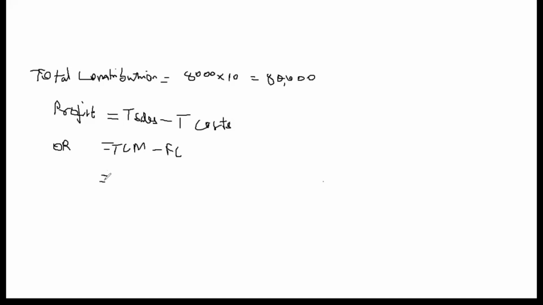So this is equal to 8,000 minus our fixed cost of 60,000, which will give us 20,000. So 20,000 is our profit.